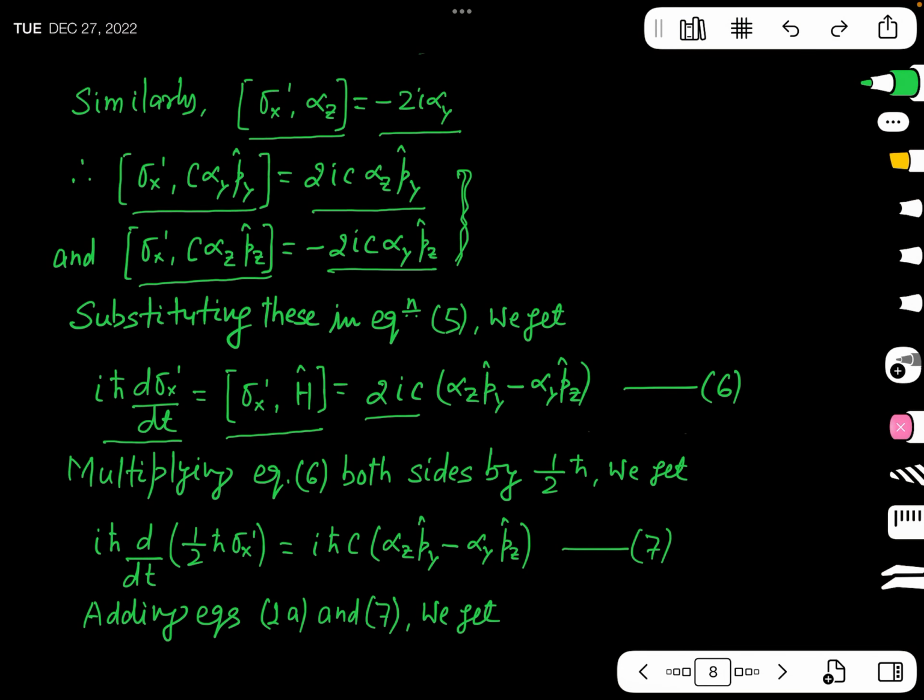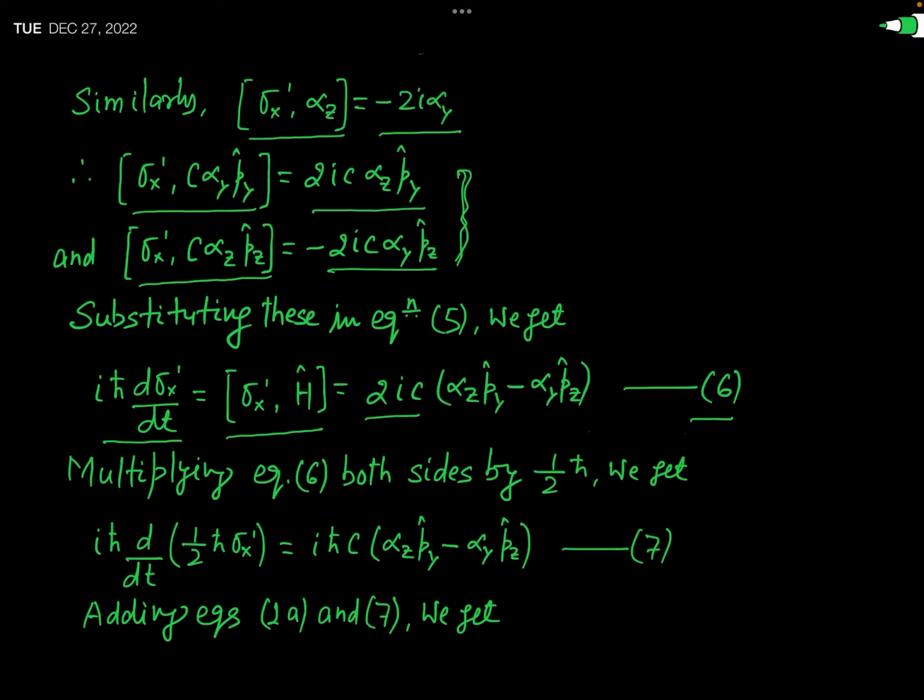Now we will multiply this equation 6 by 1 by 2 h bar to cast this equation in a proper form. So multiplying this by 1 by 2 h bar, we get i h bar d sigma x dashed by dt times 1 by 2 h bar.